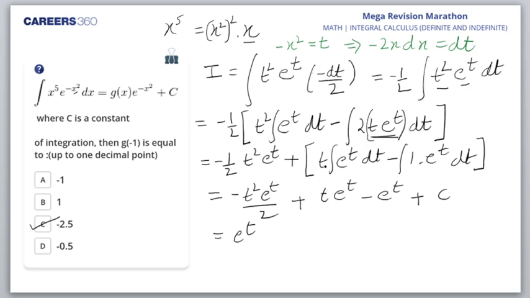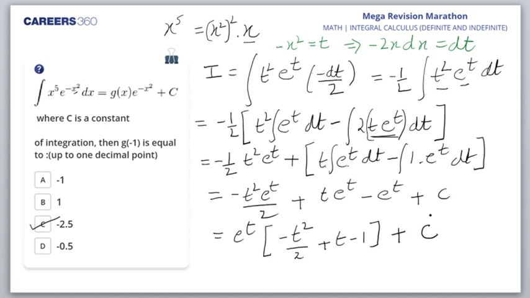So t is the first function, integral of the second function, minus the derivative of the first function, that is 1, and the integral of the second function e^t. So I again get this. Now e raised to power t I'll take common, so I'll get minus t square by 2 plus t minus 1, plus c.